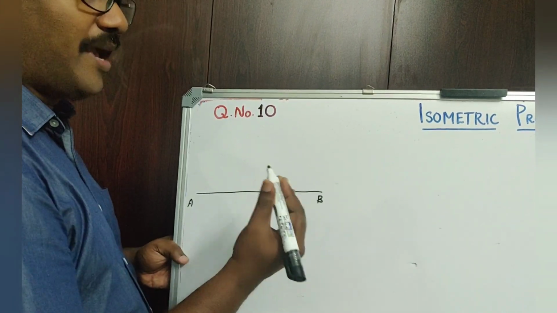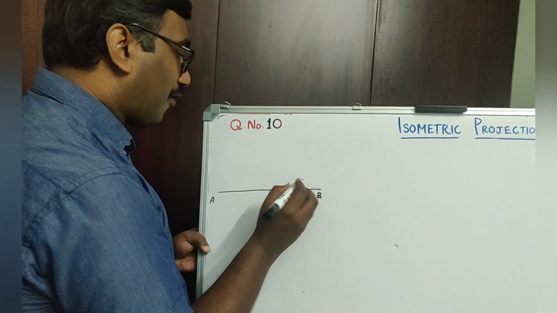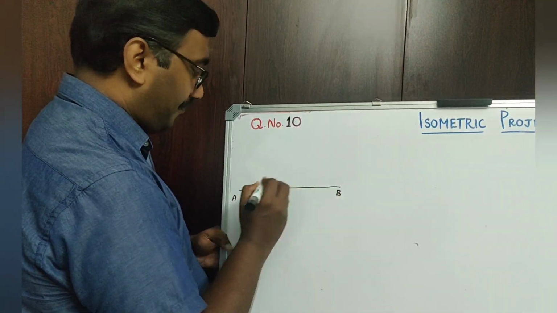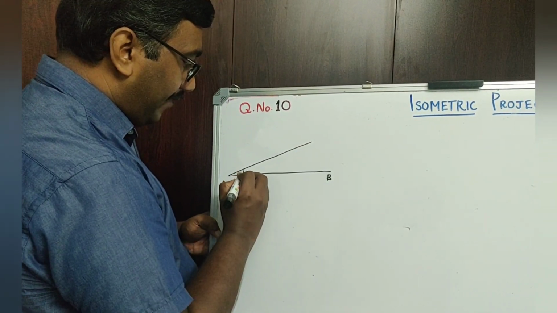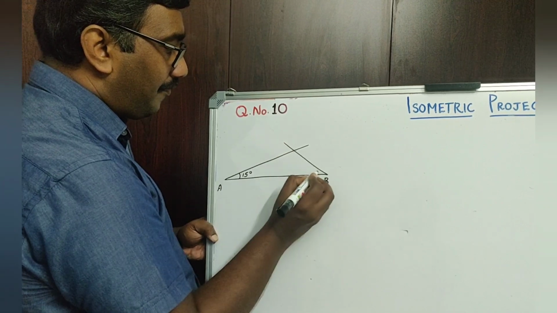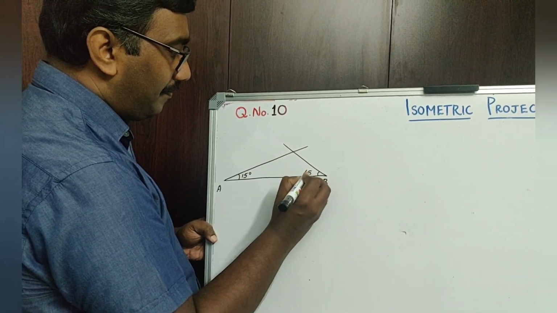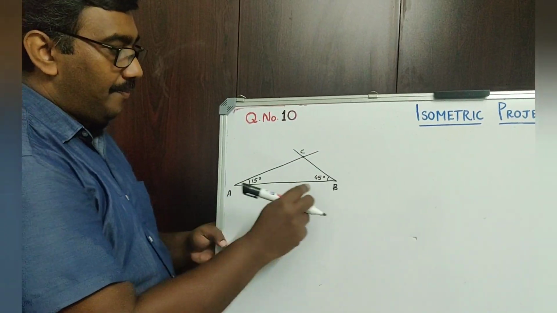Here the largest dimension is only 50, so it can be 100 or 150, whatever you want. Then from A the inclination is 15 degrees, and from B it is 45 degrees. So this part is C, A, B and C.